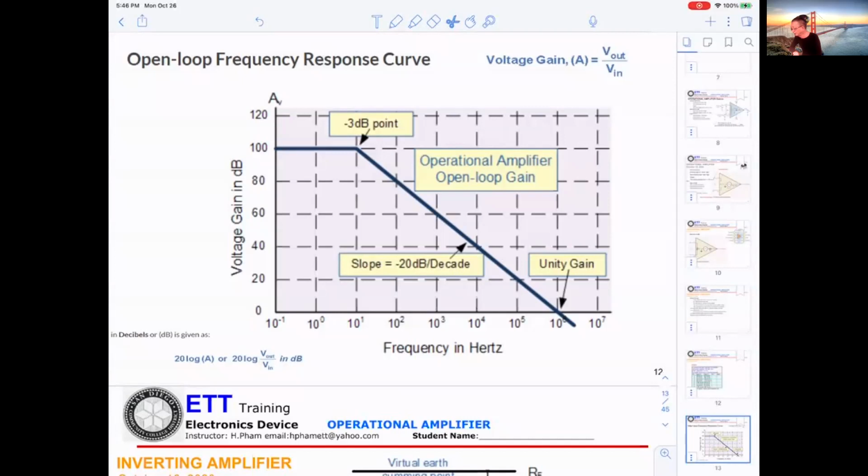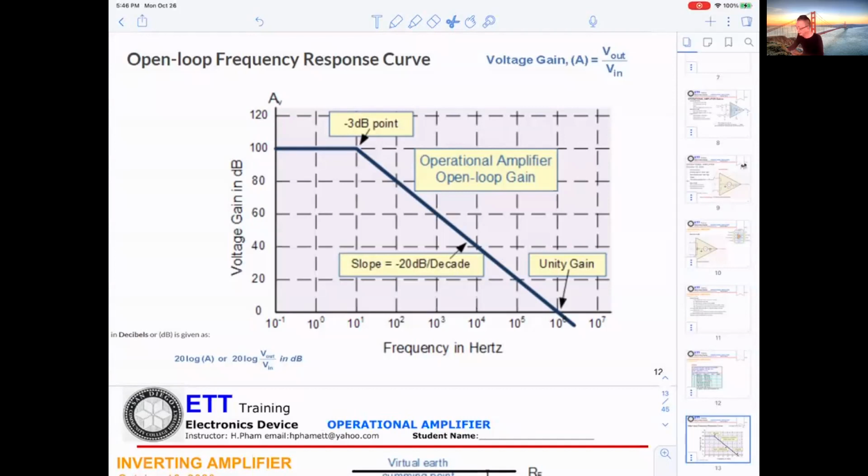If you're looking into that display, can you tell me what the bandwidth for this open loop gain is? What is the bandwidth? It's 10 hertz. Perfect.